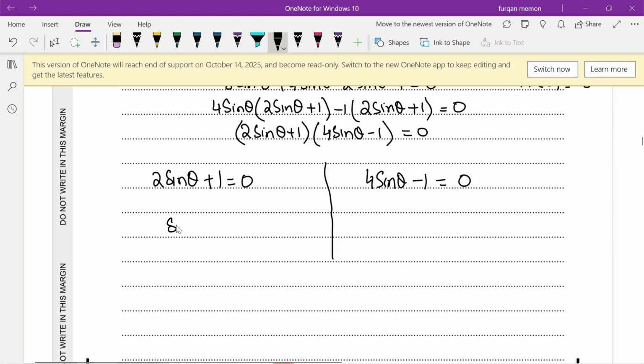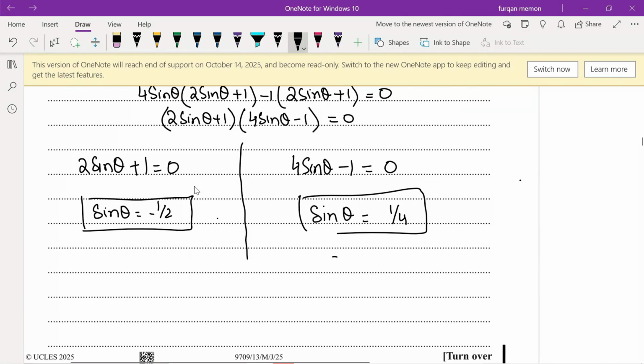When we solve it further, sine theta is equal to negative 1/2, and in the other case sine theta is 1/4. So we have two values of sine theta.